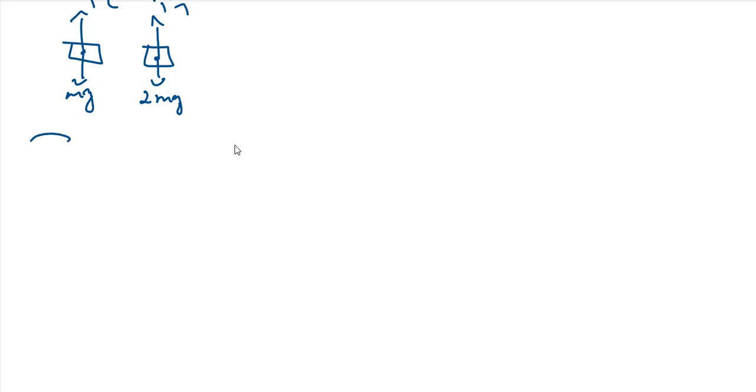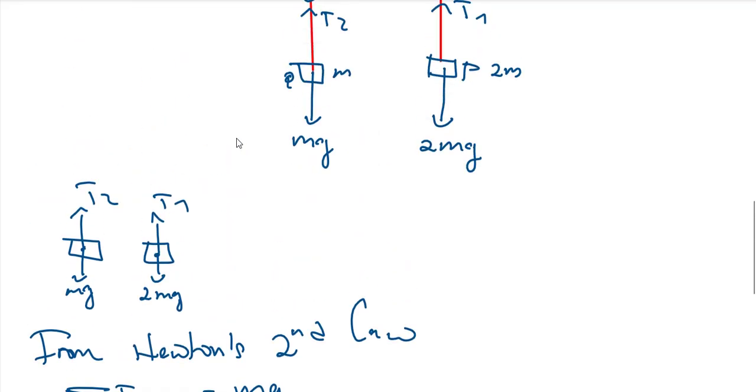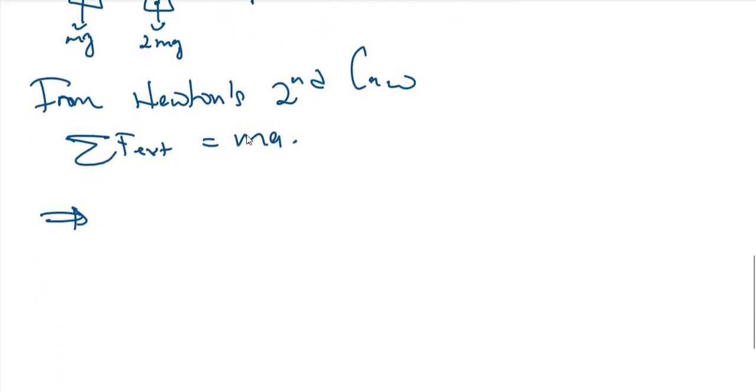So from Newton's second law, the sum or the resultant of all the external forces should be equal to ma. Now since my direction of acceleration is downwards, that's positive in this convention, it means 2mg will be greater.